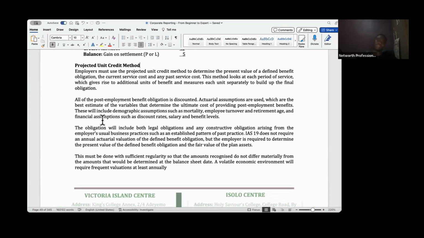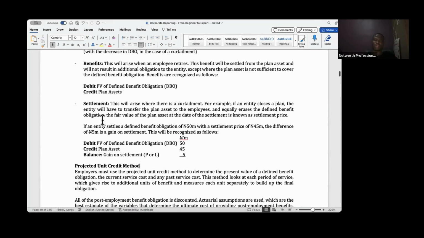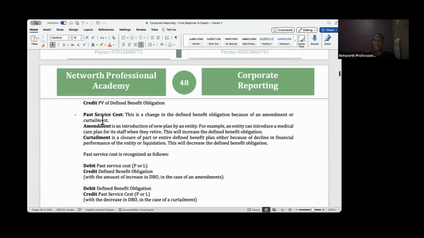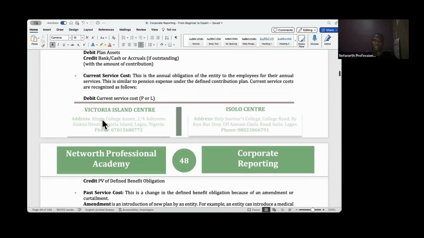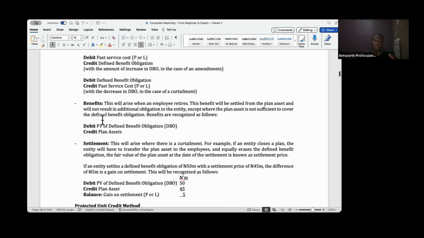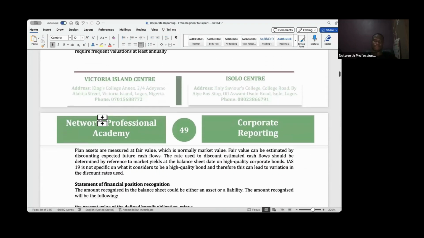The examiner will not ask you to explain the projected unit credit method and all the work that the actuary does. No, they won't. They have never asked it. So you need to pay more attention to knowing how to account for all of these figures the actuary has in his reports, which I've mentioned above. I'll still mention a few more later.